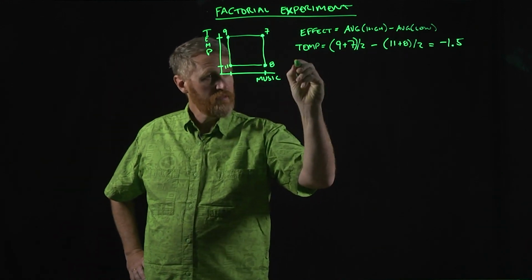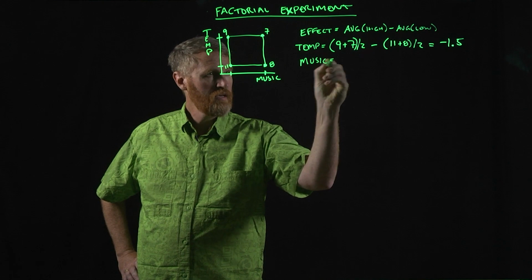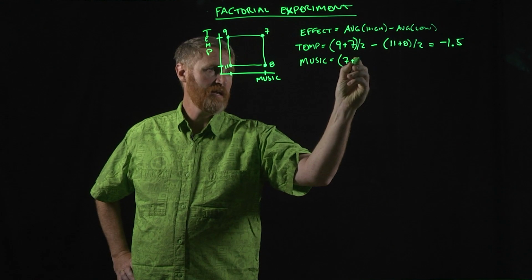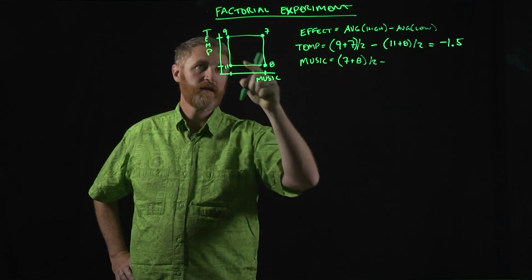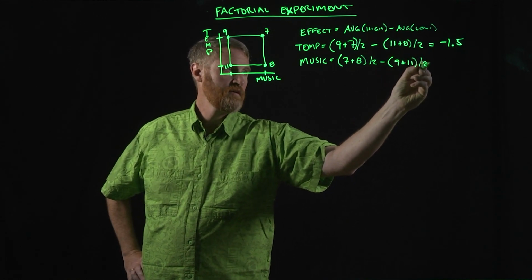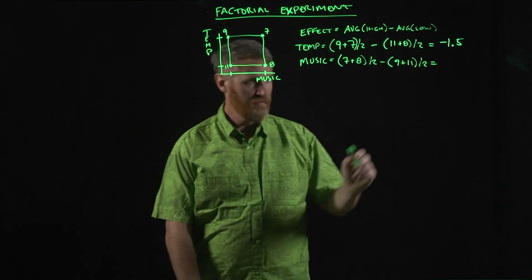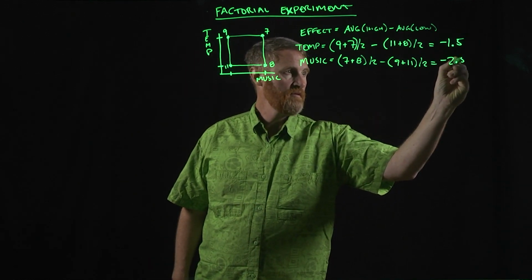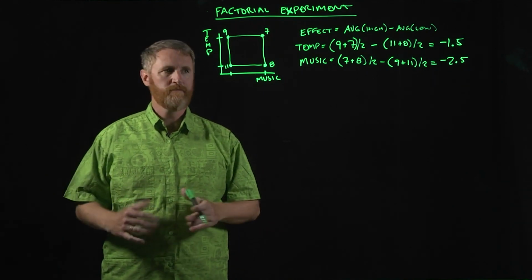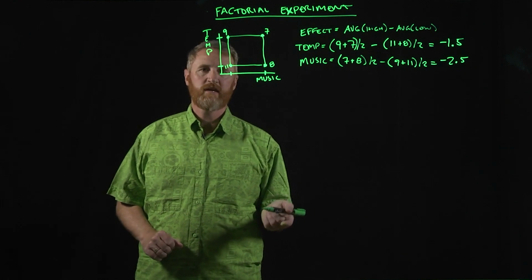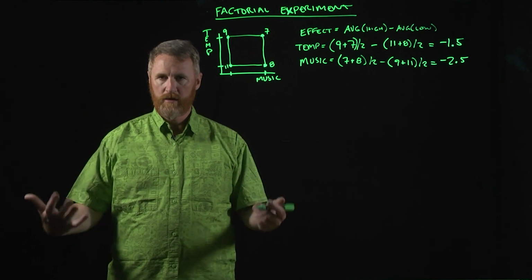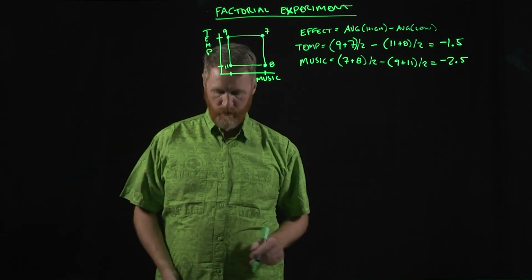And if I look at the effect of music, that would be the average of the high, so 7 plus 8, minus, when music's low, 9 plus 11. And so I end up getting a value of negative 2.5. So that's telling me that music has a higher impact on runtime than temperature, right? Where the louder the music is and the warmer the temperature is, the lower the runtime is. That's what the negative coefficient is telling you.